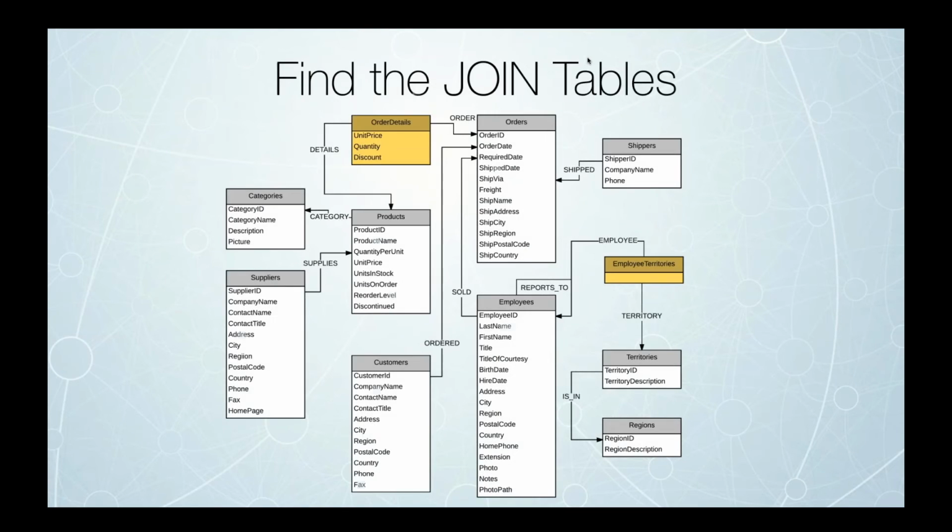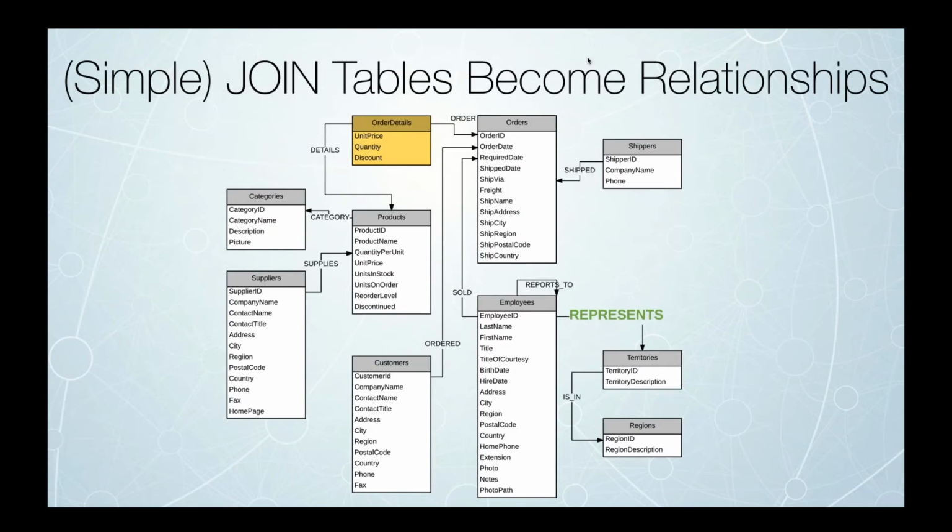The next thing we'll do is identify all of the join tables. So here we have an order details join table, and we have this employee territories join table that's joining employees and territories together. And simple join tables just become relationships.